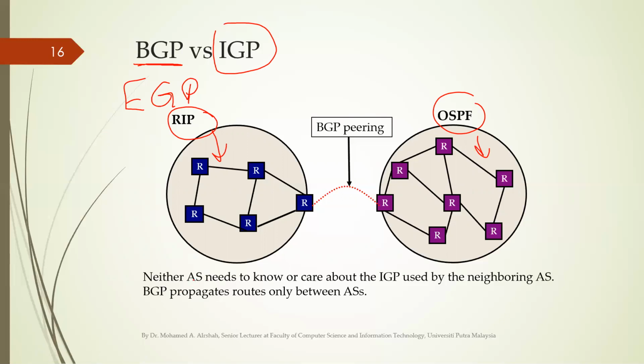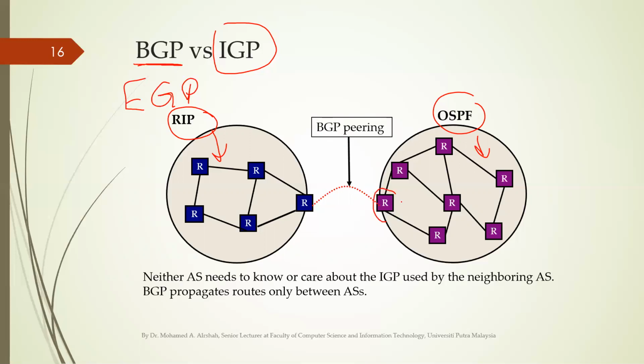Here, as you can see, we have two autonomous systems. The first one uses RIP and the second one uses OSPF. And between them, the BGP routing protocol is used.